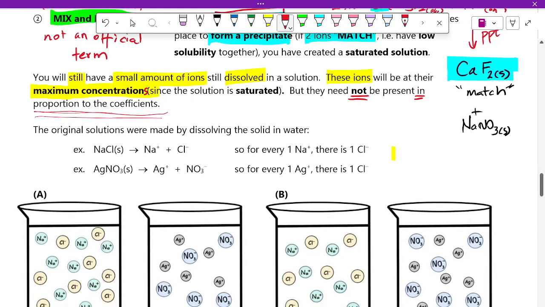So we are going to take a solution of sodium chloride, NaCl aqueous, and we are going to mix it together with some silver nitrate, AgNO3 aqueous.